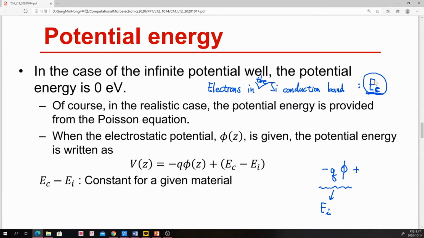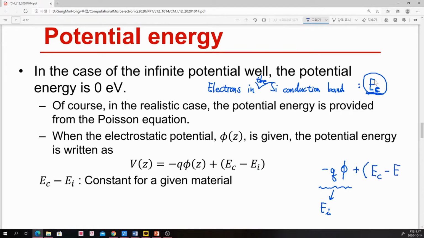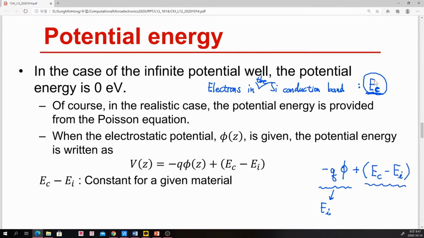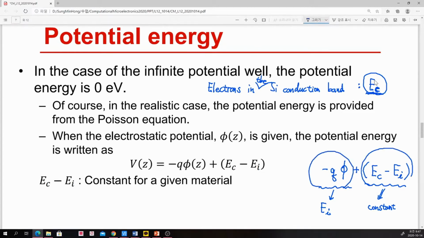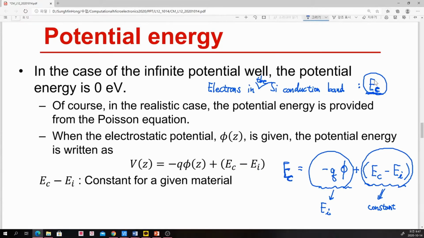And by adding a certain energetic difference between the conduction band minimum and the intrinsic Fermi level, which is just a given constant, you can reconstruct the energetic position of your conduction band minimum, and you will use it as the potential energy term because you are talking about the electrons in the silicon conduction band.